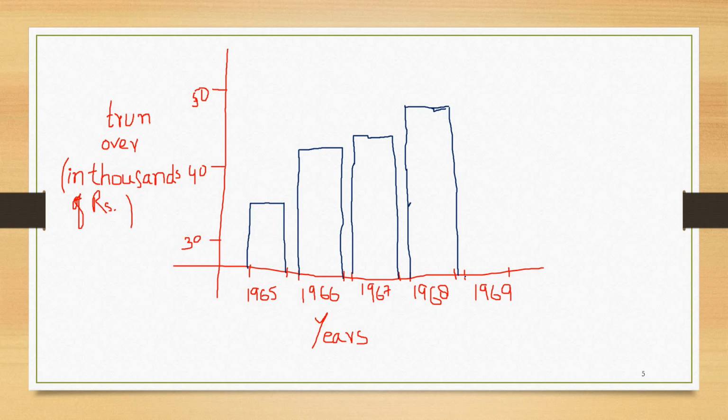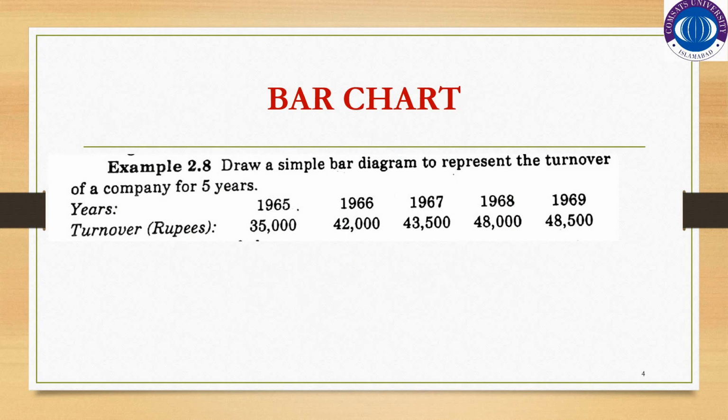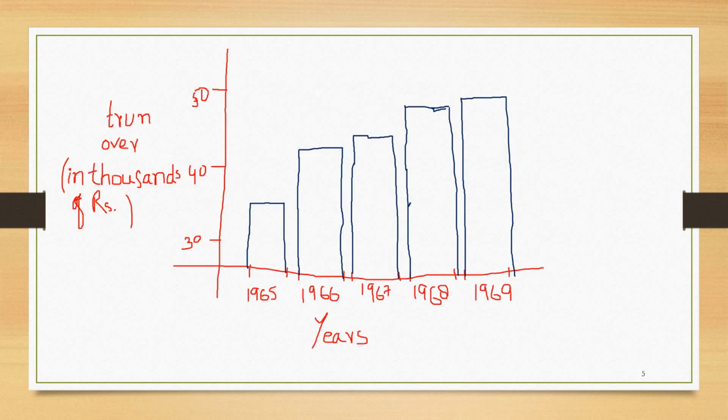And in 1969 it is slightly more than the previous one, just like this. And this will be the bar chart of the given example. Okay, thank you.